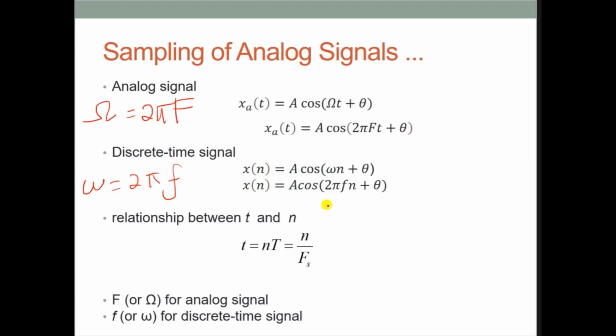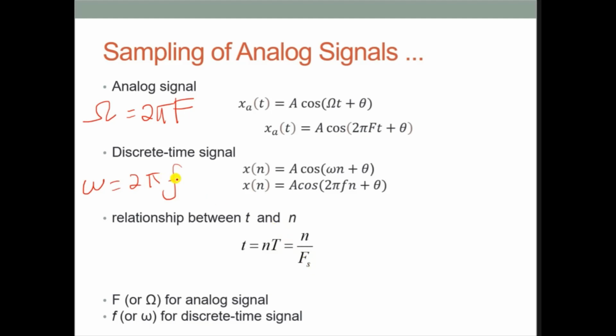So substitute that into the equation, we get A cos(2πfn). So the relationship between t, the continuous time, with discrete time n, is t equals nT equals n over Fs.